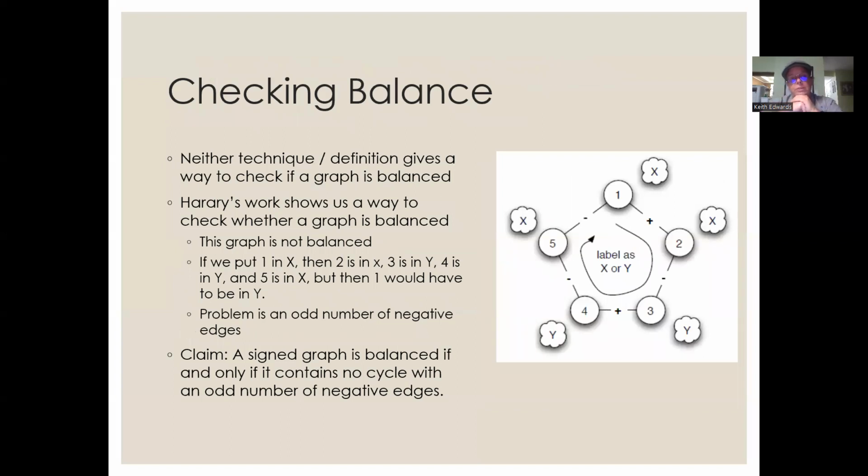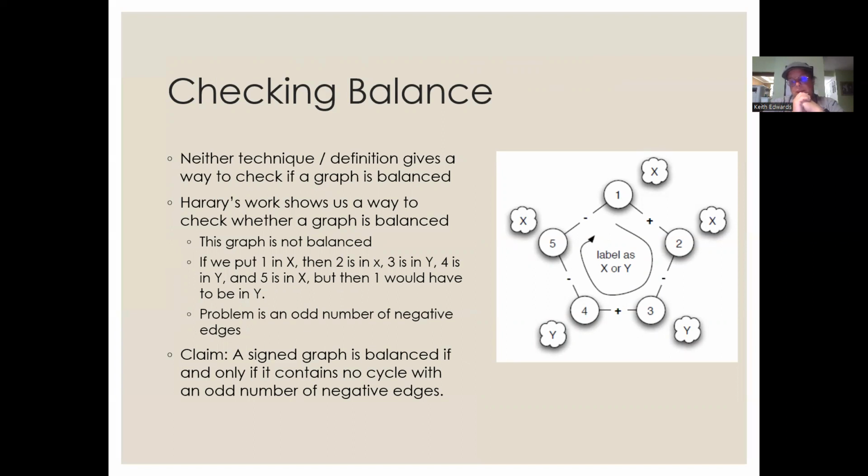Sadly, neither one gives us a way to check if the graph is balanced, and Harary did some work on this. It shows us a way to check whether a graph is balanced. This one here is not balanced, so let's put 1 inside of X. 1 is friends with itself, obviously. Then that means 2, there's a plus sign going from 1 to 2. 2's got to be an X, friend of 1.